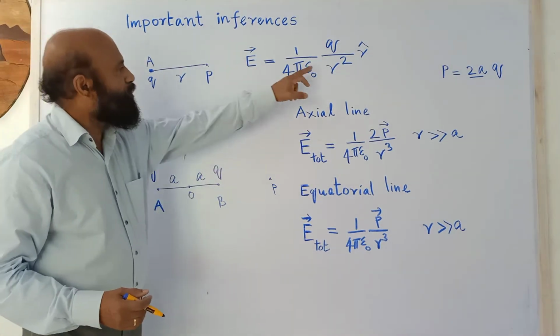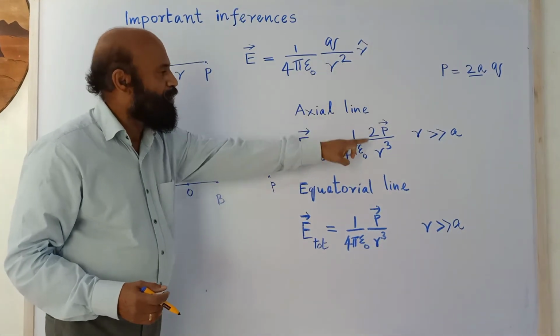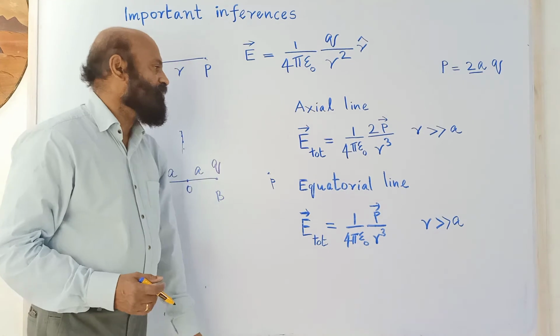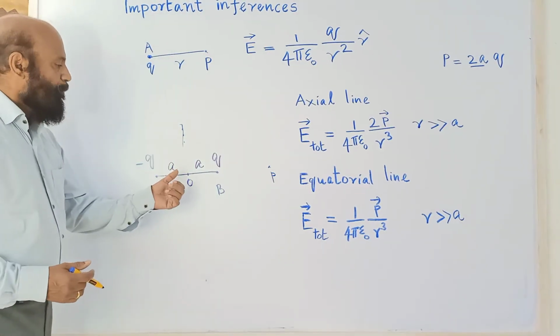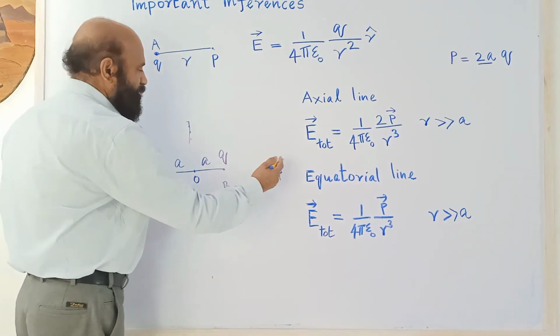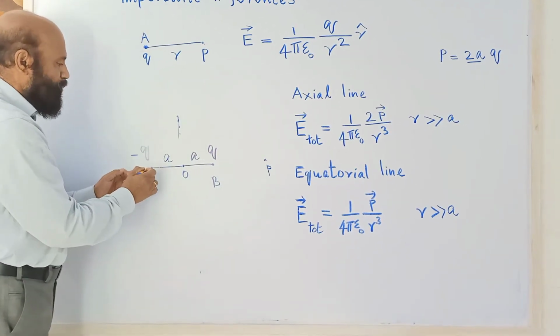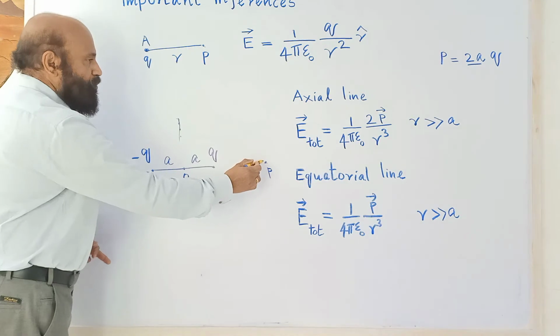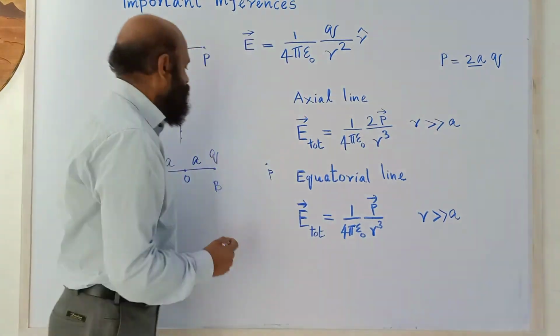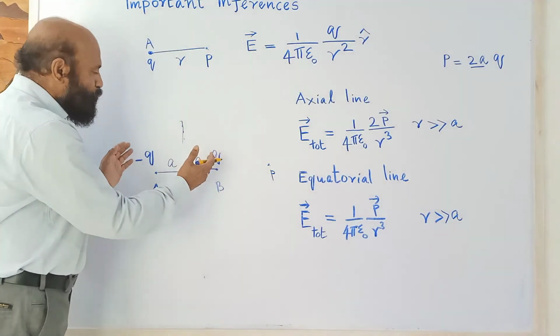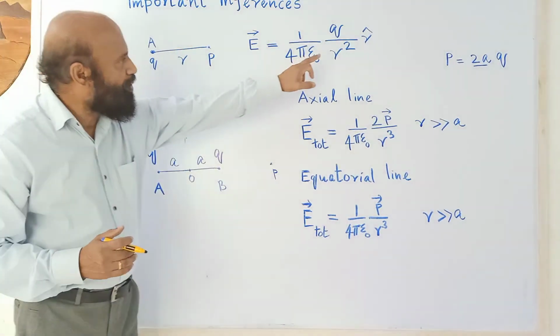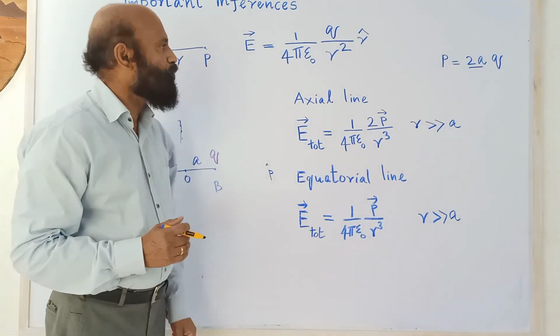So here it is inversely proportional to the square of the distance, here it is inversely proportional to the cube of the distance. The reason is that for a large distance, the positive charge and the negative charge appear to neutralize each other. When r is very much greater than a, these charges appear to neutralize each other. That's the reason here it is square and here it is cube.